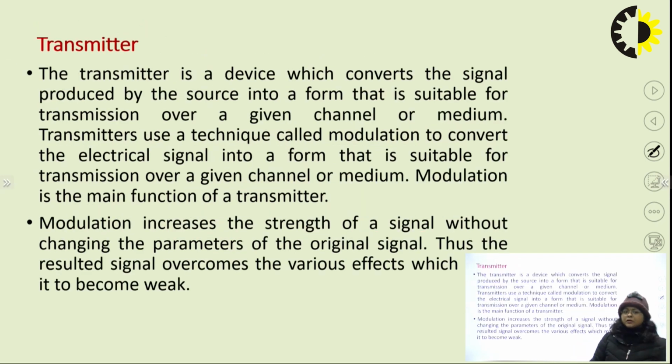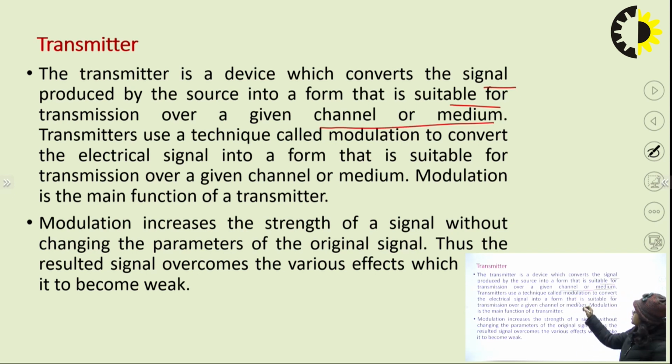Next is transmitter. Transmitter is a device which converts the electrical signal from source to a suitable format for transmission through our channel.